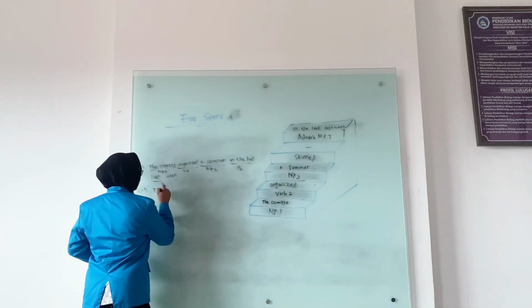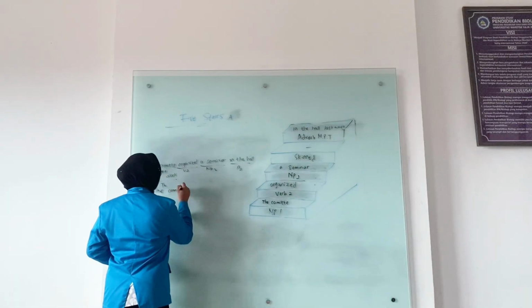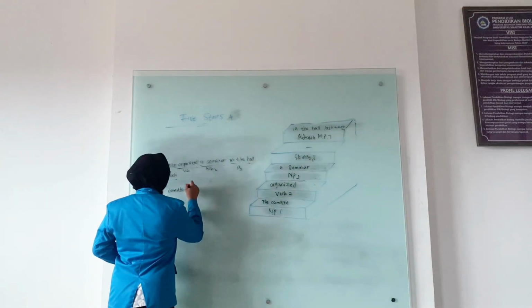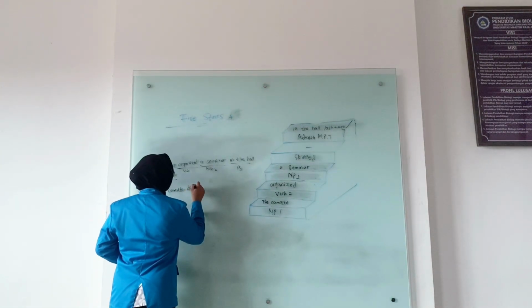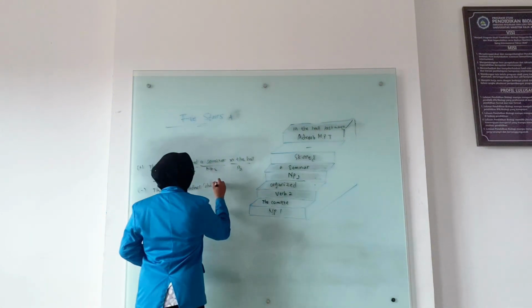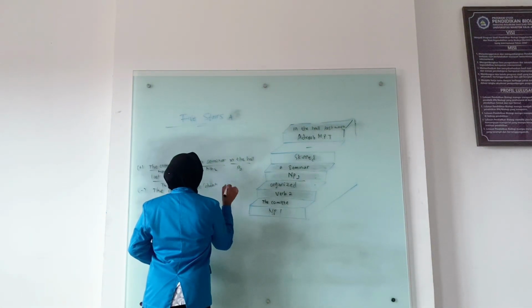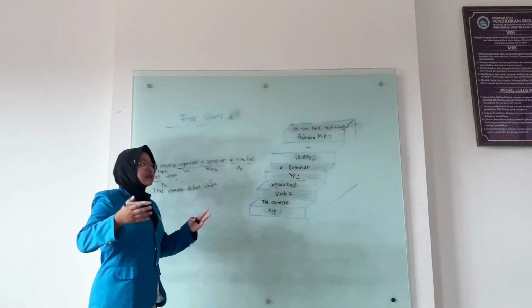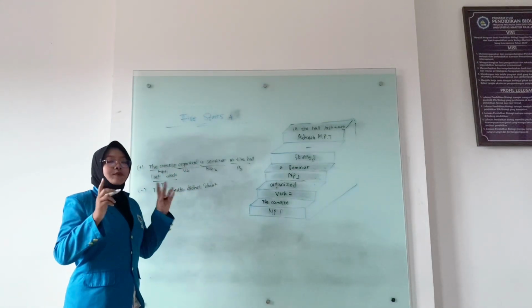In the negative sentence, we add didn't or did not before the verb, and we change verb 2 into verb 1, or base verb.